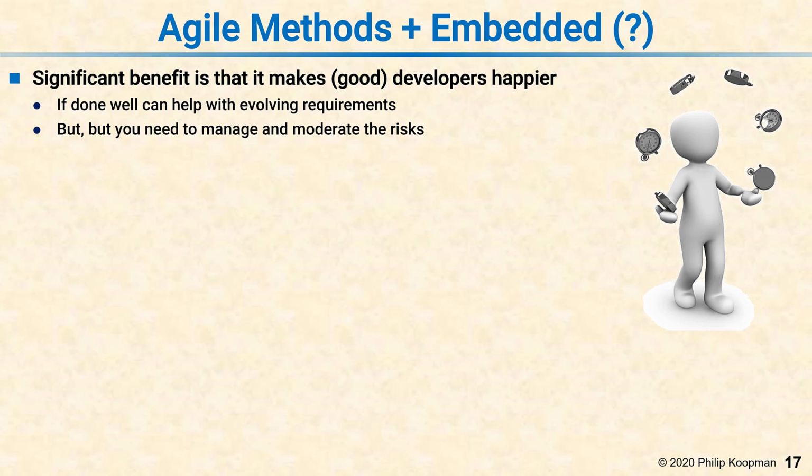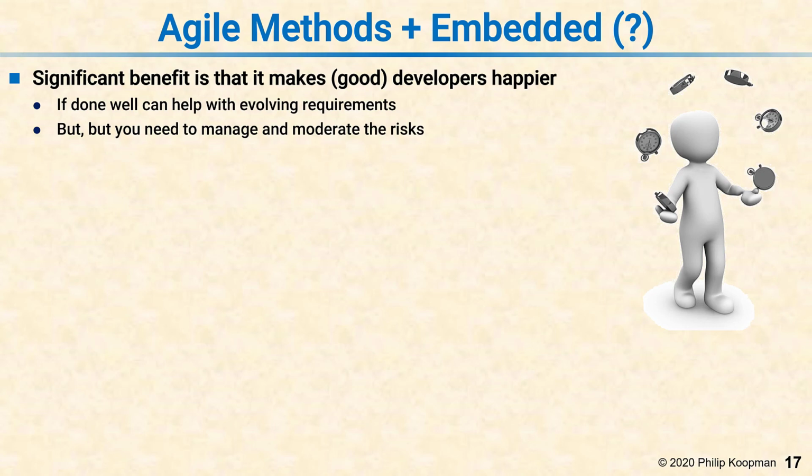And Agile appeals to those kind of folks. Along with that, if you're in a situation where you know your requirements are going to change every few weeks, Agile is probably a better fit than Waterfall or V. But you still need to manage and moderate the risks, because if your requirements are changing every 3 weeks, you'll never actually get done. Agile might make the experience less painful, but you're still not going to get done until the requirements finish settling down.